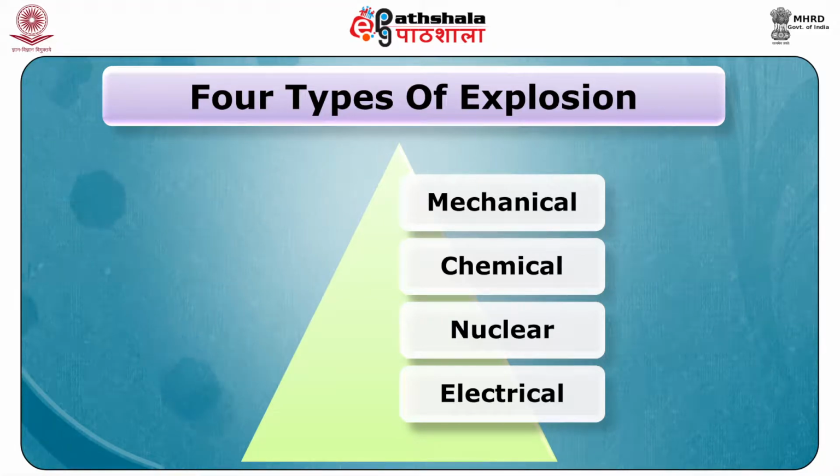The names clearly indicate what type of explosions they are, but let us go into more detail, because as forensic scientists you must know how these different types of explosions differ from each other.